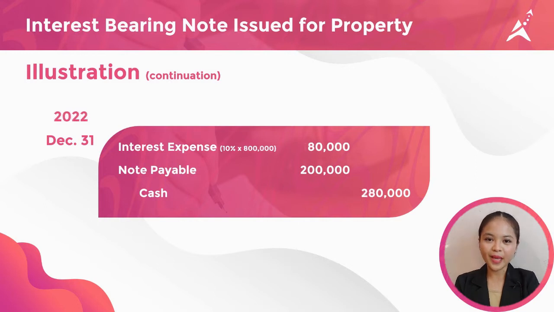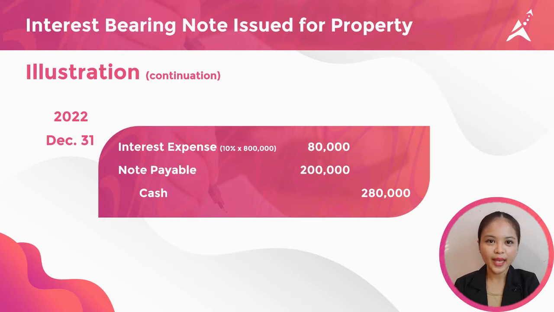To record the payment for second installment and interest for the year 2022, we will debit interest expense for 80,000 pesos. To get this amount, we will multiply 10% to 800,000 pesos. 800,000 na lang since nabawasan na yung purchase price kasi nabayaran na natin yung unang 200,000 or installment last year.